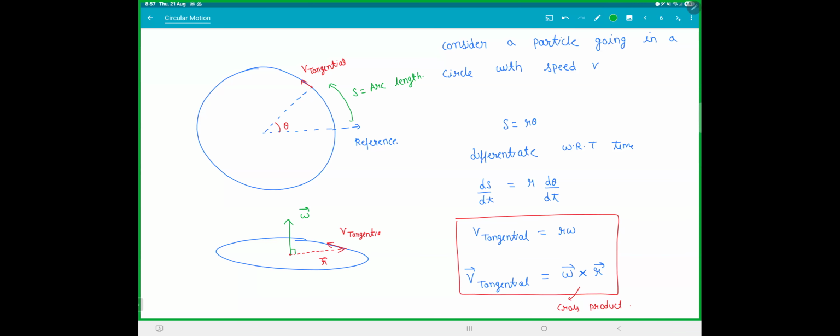So here omega bar is a pseudo vector. v bar and r bar are real vectors. Omega thing is simply like 1D motion we are converting it. Clear with this? There, so simple. What is omega? d theta by dt. Or what is omega? You can see v tangential by r. And what is v tangential? The velocity perpendicular to the r bar is called v tangential.